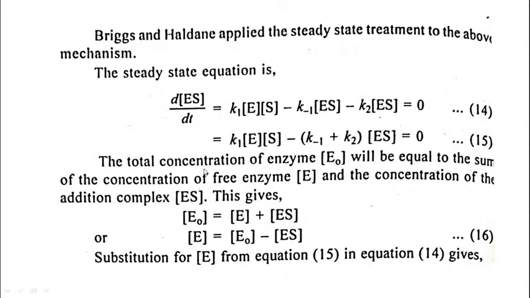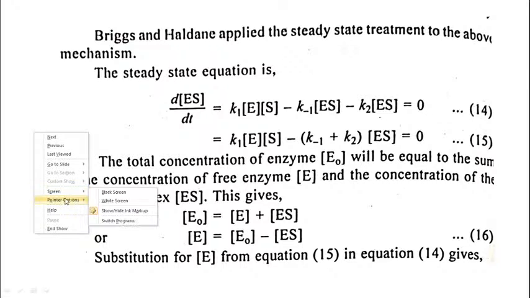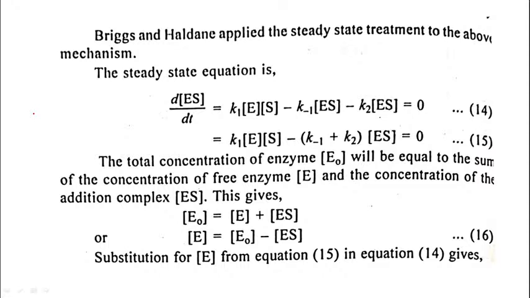Now in this process, the total concentration of the enzyme is E0. When we start the reaction, we have taken E0 here. So this E0 becomes equal to the concentration of the free enzyme and the concentration of the enzyme-substrate complex. This is the initial concentration of the enzyme, suppose that it is E0.